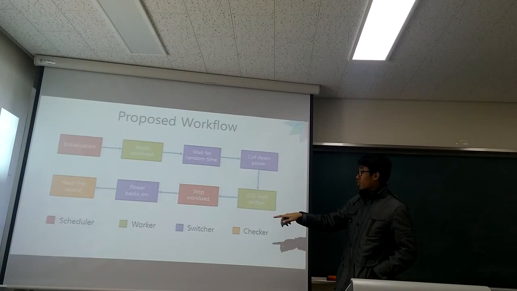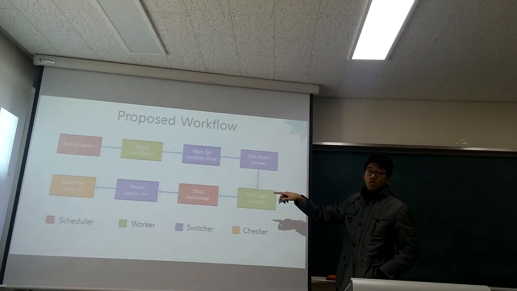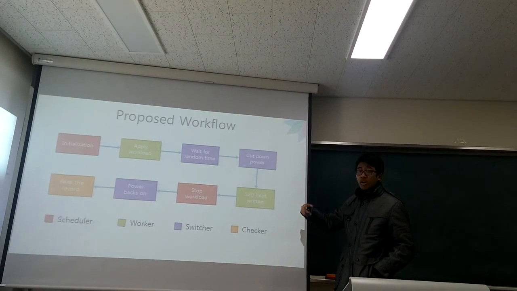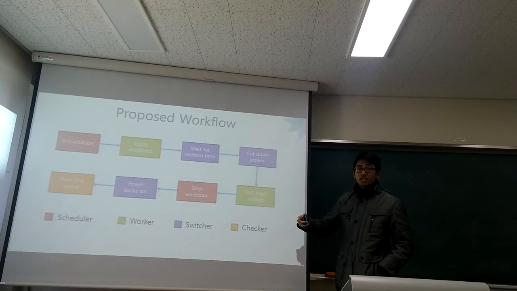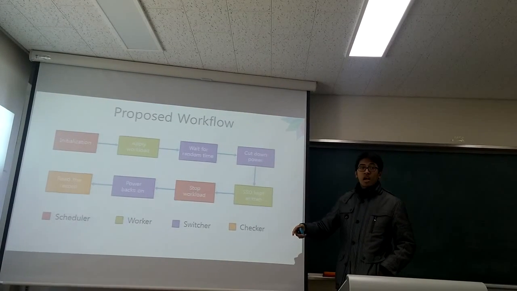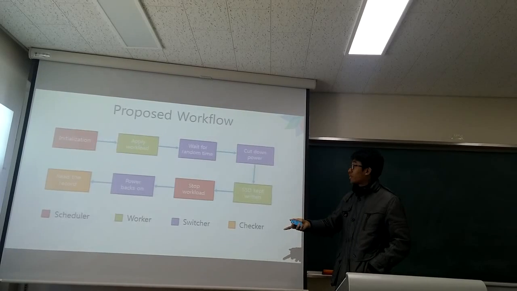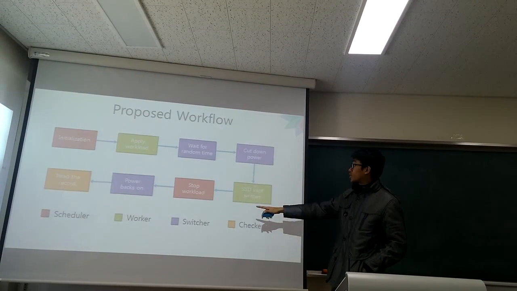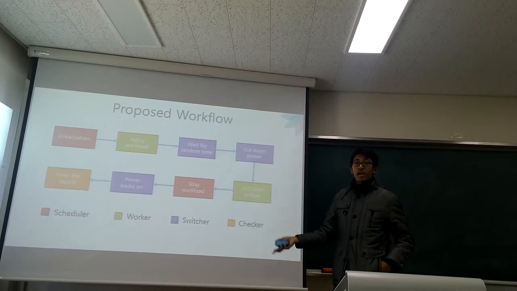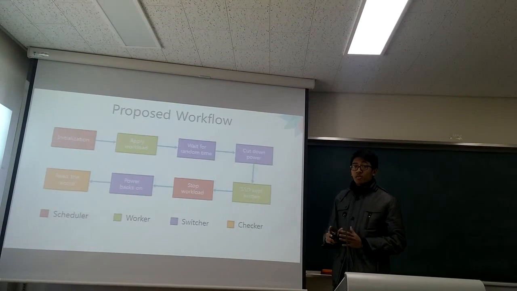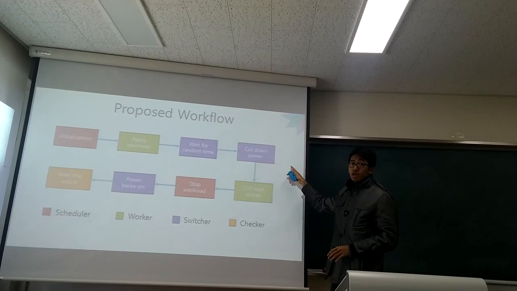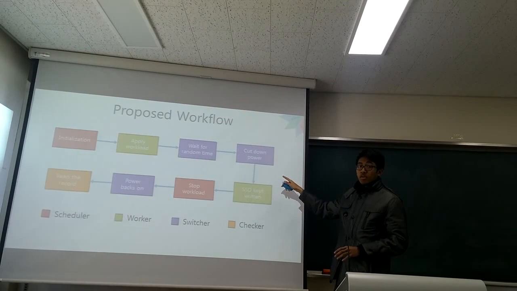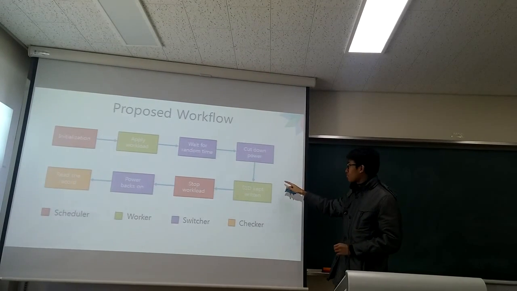Next, the worker triggers a workload. The worker writes data to the device over and over again until a certain amount of time. While the data is being written by the worker, the switcher waits for a random amount of time. After waiting, it cuts down the power, a non-clean shutdown, without involving the operating system.